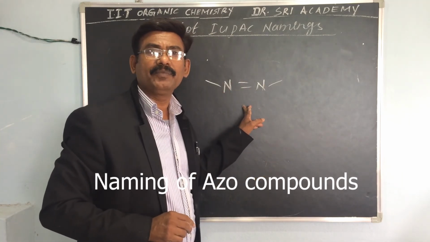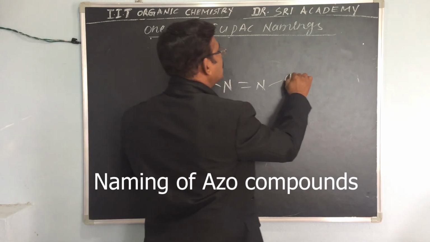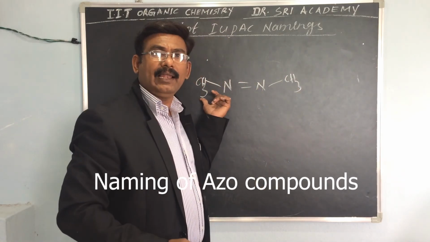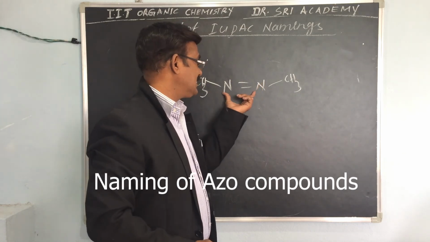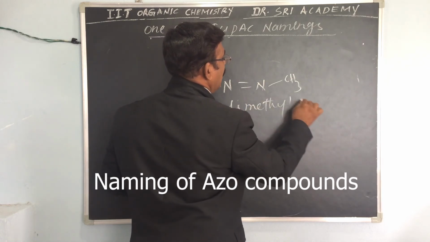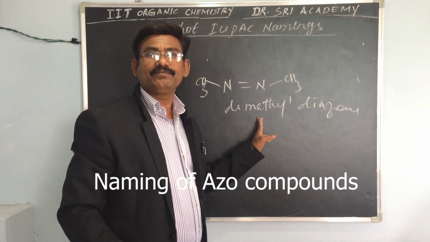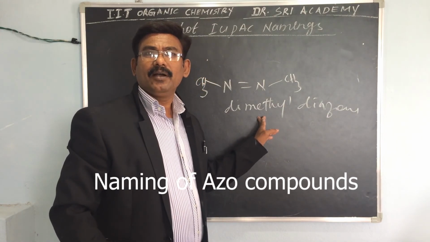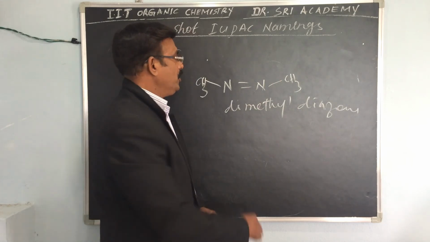This is a methyl group, CH3, on each side, so dimethyl diazine. We can say dimethyl diazine.